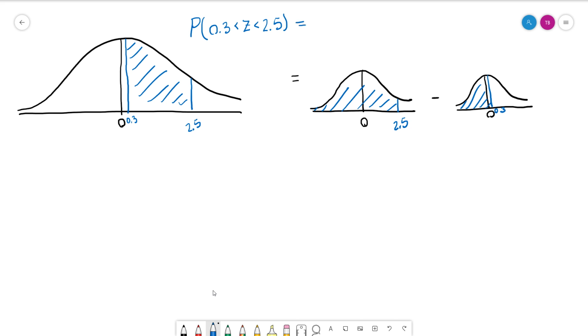Mathematically, this means we're going to take the probability that Z is less than 2.5 and subtract off the probability that Z is less than 0.3, which is the part that we don't want. So that's our strategy. Now that we understand what we're doing, we can go to our notebook and calculate it.